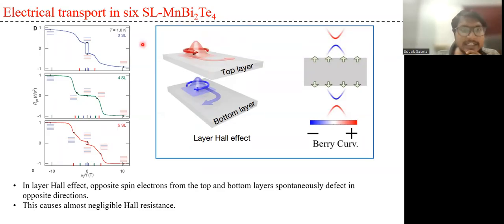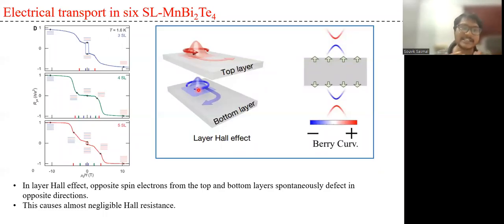That layer leads to the observation of this jump. But when we have 4 layers of MnBi2Te4, we see this flat Hall resistance, because the top and bottom layers cancel. The red and blue are identified with a quantity called the Chern number, but I'm not going into those details.